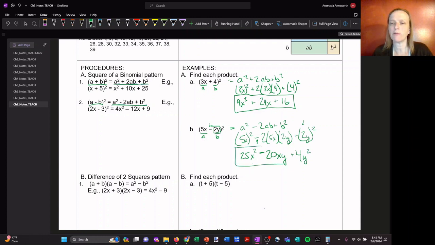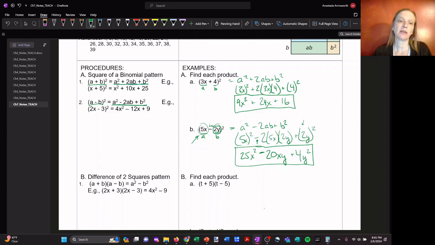And this is my final answer for this perfect square trinomial with a subtraction problem inside parentheses. Please notice that this method worked even when I had two different variables inside parentheses. It didn't matter that I had an x and a y, this method still works.